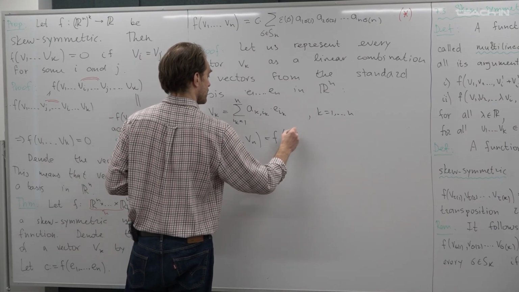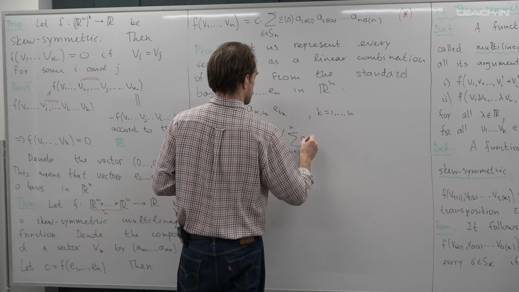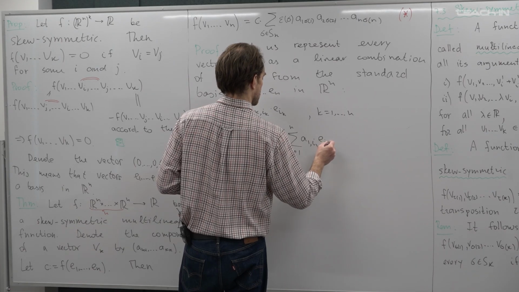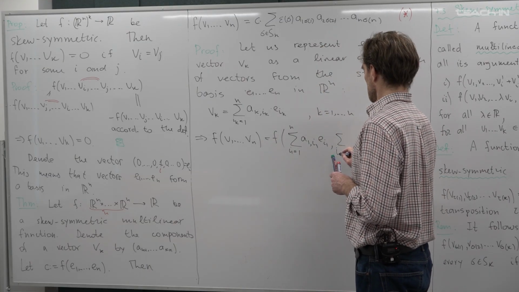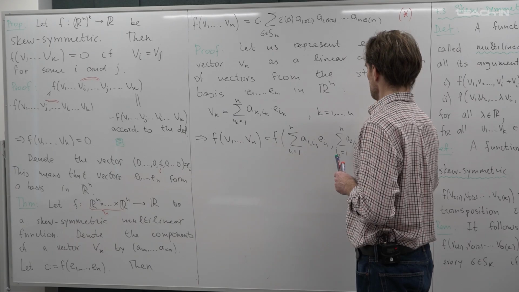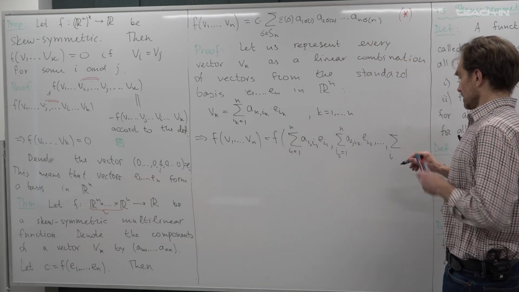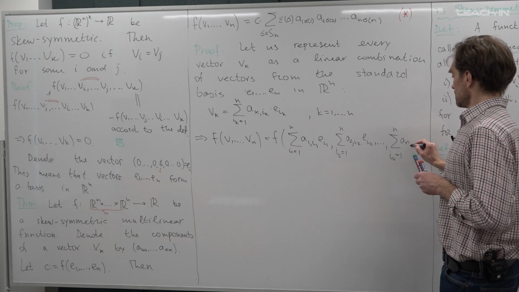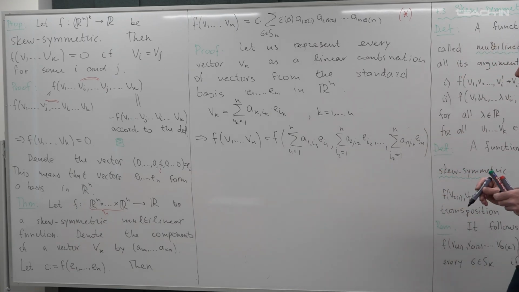So this is f of the sum where i1 ranges from 1 to n, a sub 1 i1 times e sub i1, etc. The sum where, I'll write the second argument in detail as well, a sub 2 i2 times e sub i2, etc. And the last argument has the form of the sum where i sub n ranges from 1 to n, a sub n i sub n multiplied by e i sub n. So this is what we get here.